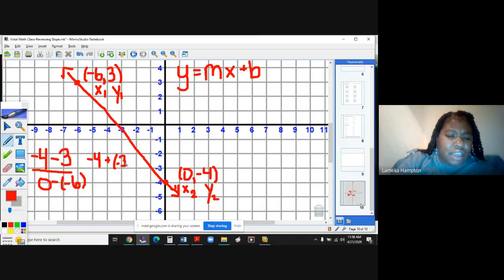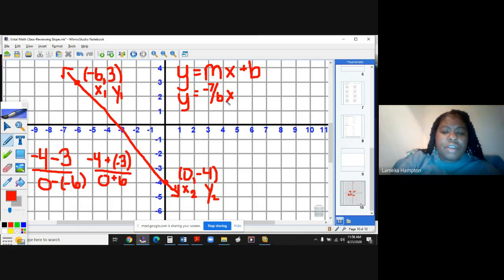Oh, sorry about that. That's a not so cute looking 3. Okay. And then at the bottom, I'm going to have 0 plus 6. Remember, two negatives make a positive. So when I do this, my answer for my slope is going to be -7 over 6. So that's my slope.